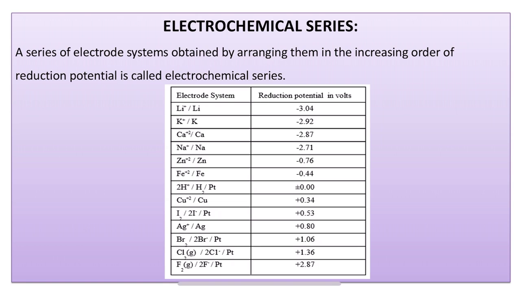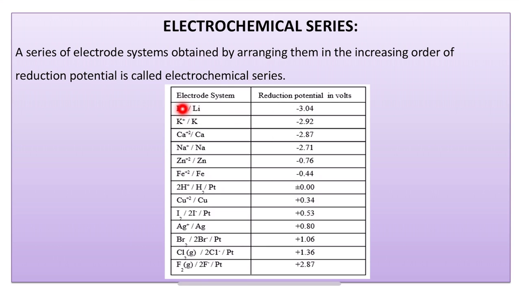and understand what is meant by the electrochemical series. A series of electrode systems obtained by arranging them in increasing order of reduction potential is called the electrochemical series. Some of the electrode systems of the series are listed here.